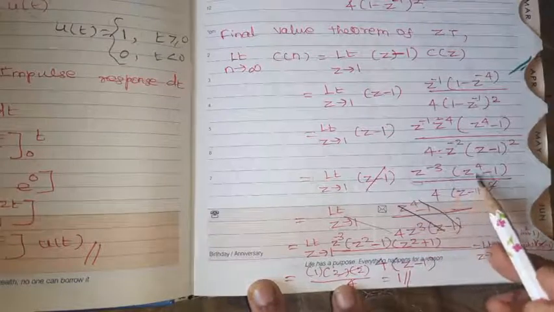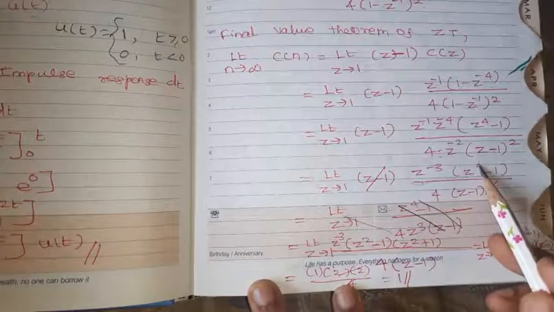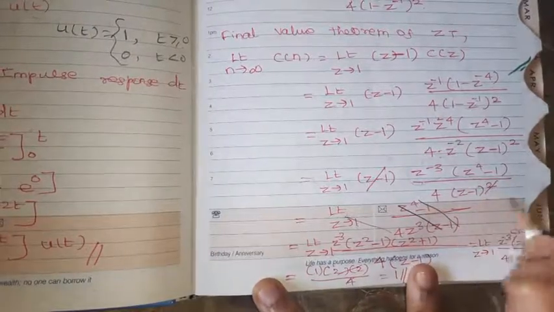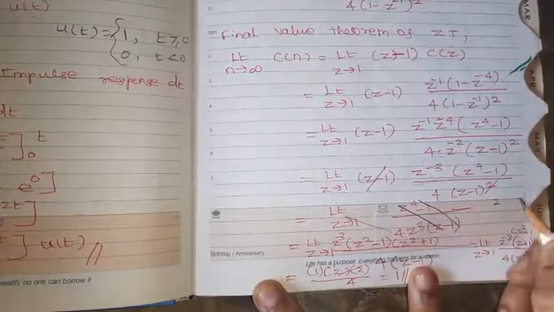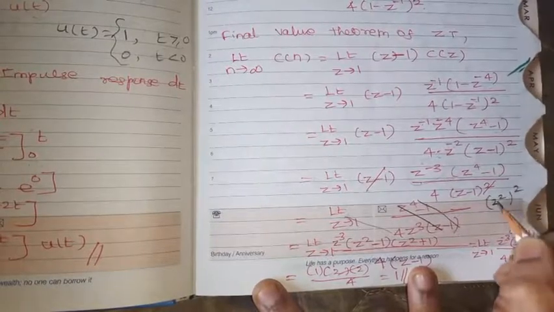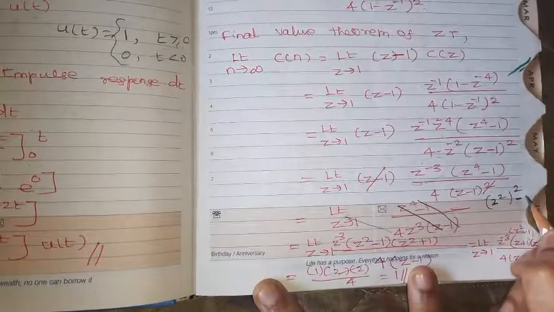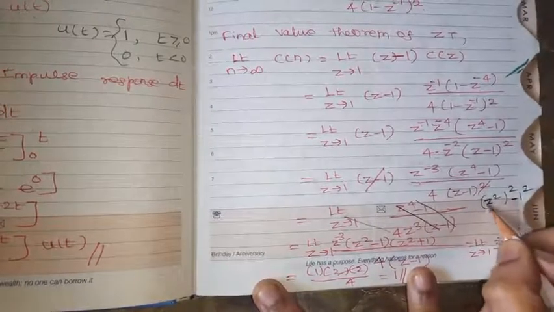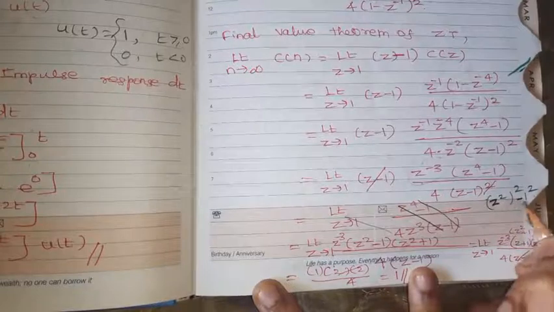From this step, z power 4 minus 1 can be written as (z squared) the whole squared minus 1 squared. This is z squared the whole square minus 1 square.